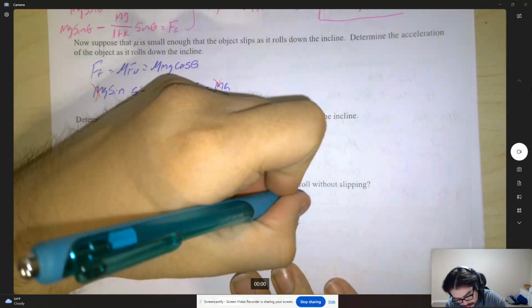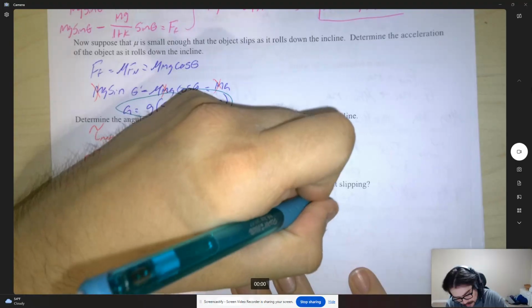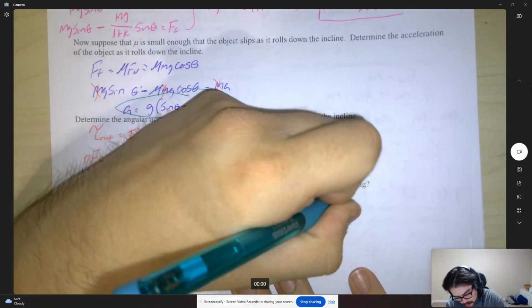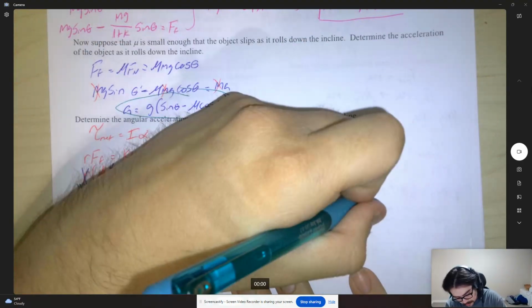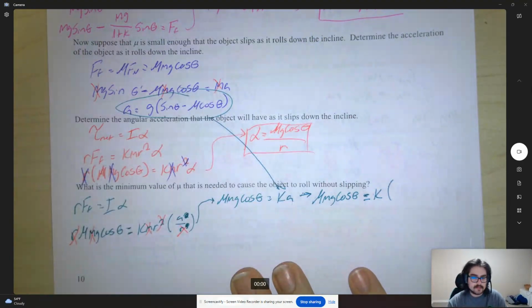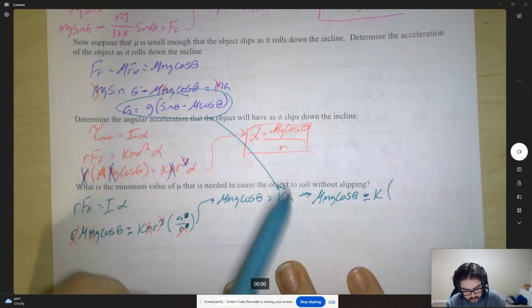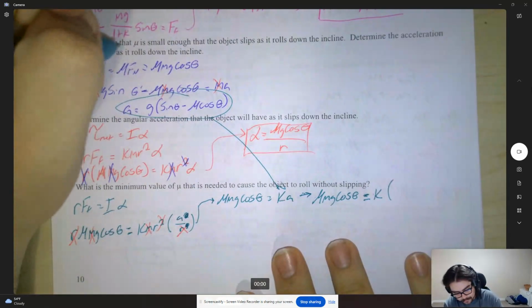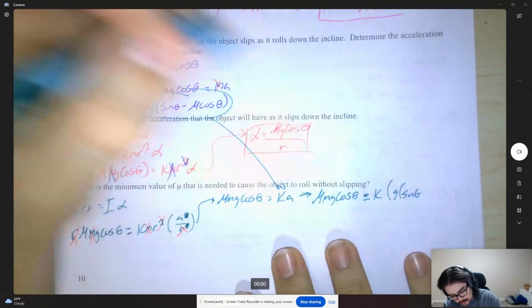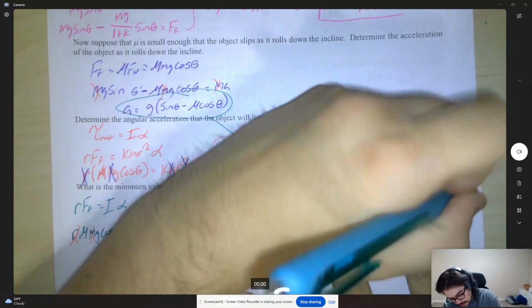So now what I'm going to do is substitute: mu mg cosine theta equals k times g sine theta minus mu cosine theta.